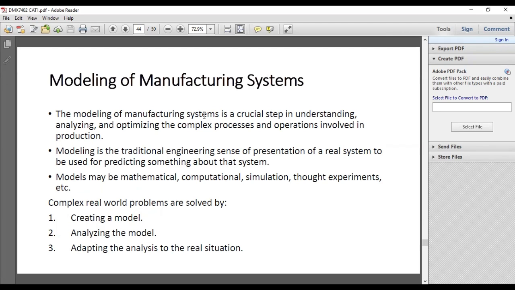The model only you will be analyzing. So modeling of a manufacturing system is a complex process involved in production.